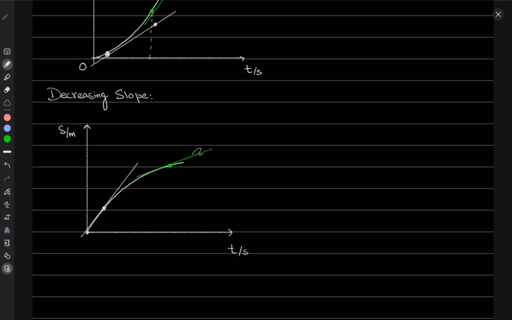Why? Because the slope is decreasing. I can see visually that here I have a slope which is comparatively higher to this slope if I look at this horizontal axis, which means at this point the graph has a decreasing gradient, which would imply that the velocity is decreasing.